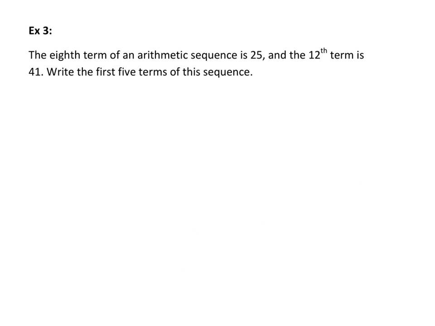For the next problem, it says the 8th term of an arithmetic sequence is 25, so a sub 8 is 25, and the 12th term is 41. Write the first 5 terms of the sequence.